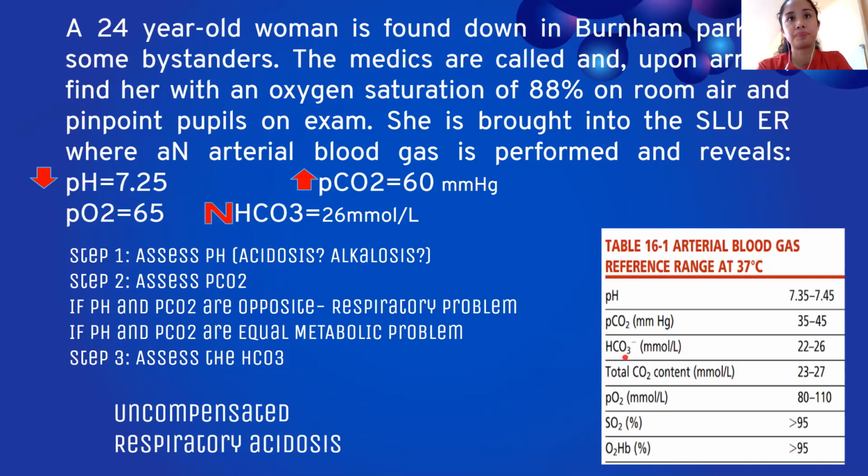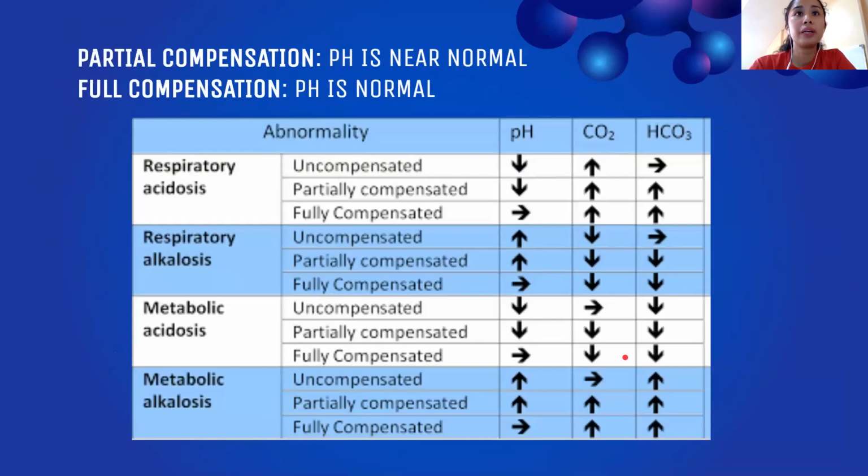Okay? So class, meron tayong word na uncompensated, partial compensation, and full compensation or partially compensated, fully compensated. Yan. So pag sabi natin, class, yan, notice sa respiratory acidosis, pag uncompensated, like kanina, mababang pH, mataas ang carbon dioxide, normal ang bicarbonate.